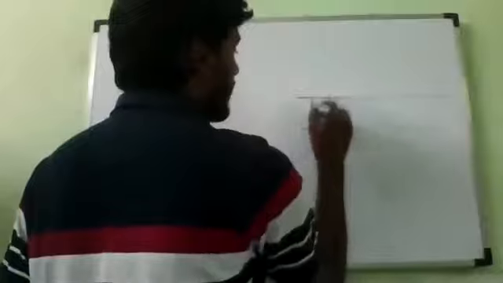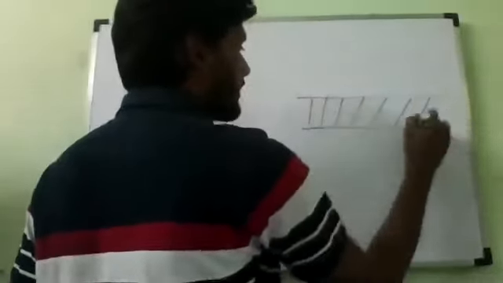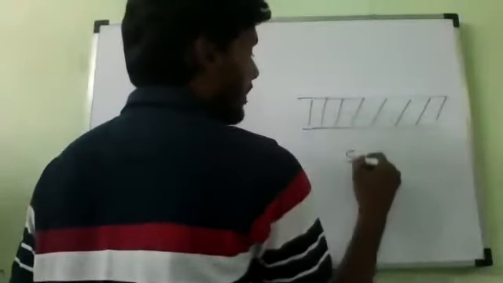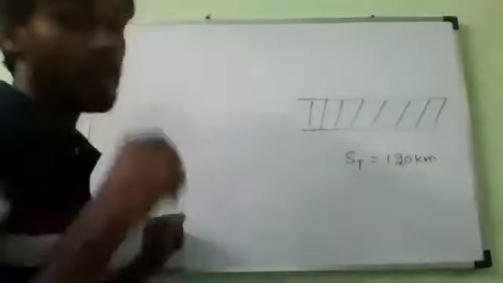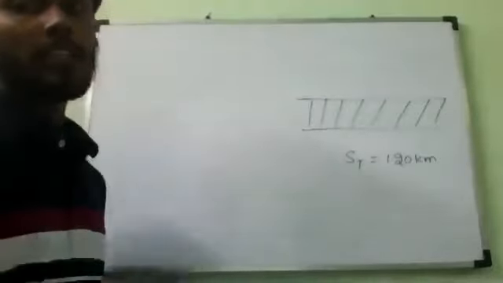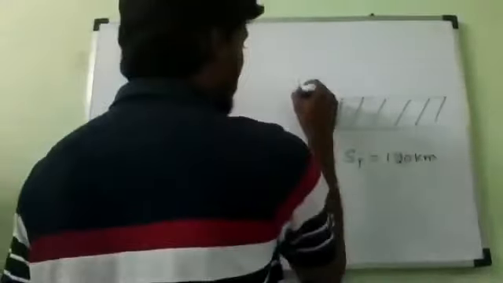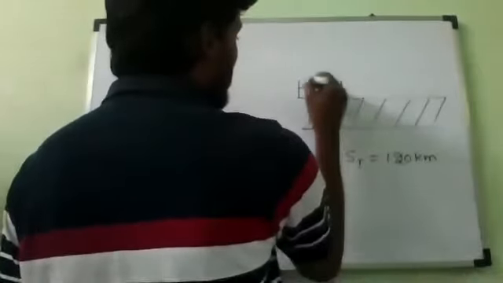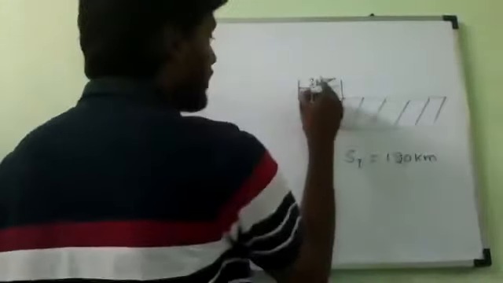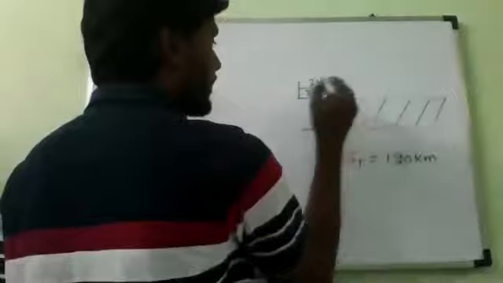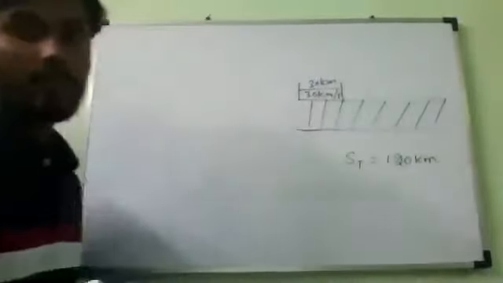On a 120-kilometer track, the total distance is 120 kilometers. See how I am drawing the image. The first 30 kilometers at a speed of 30 kilometer per hour.